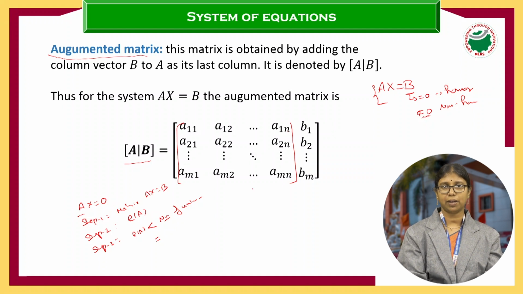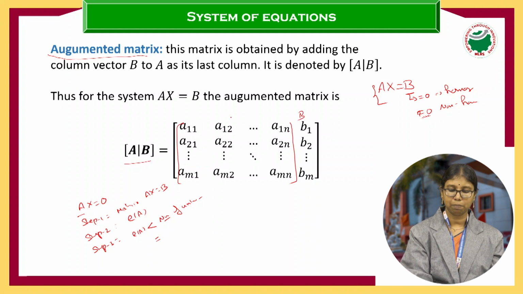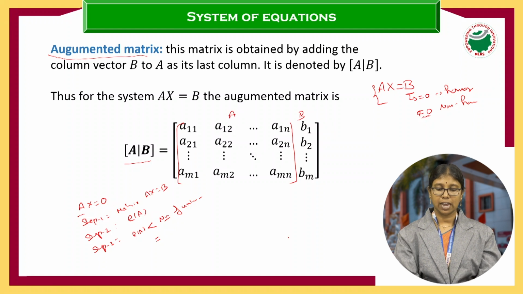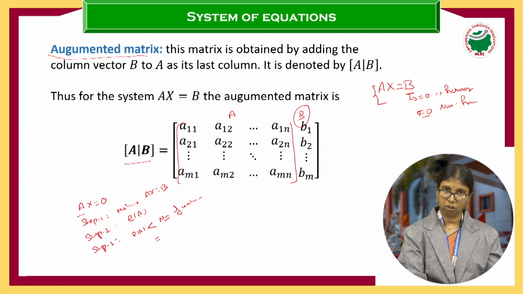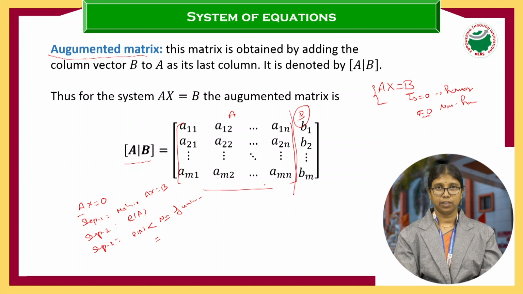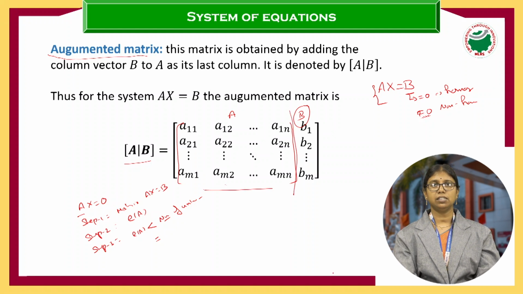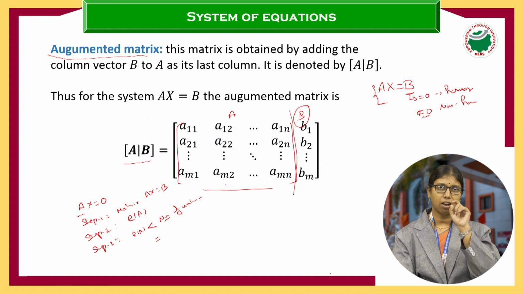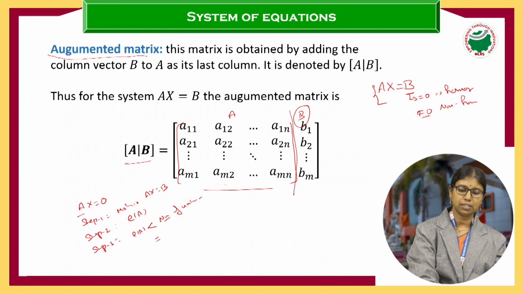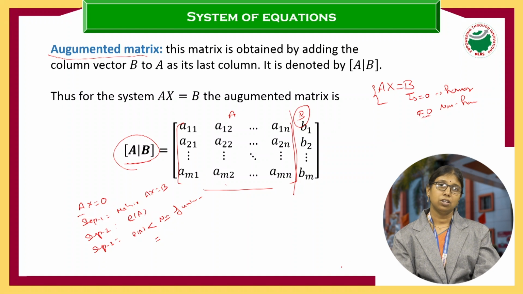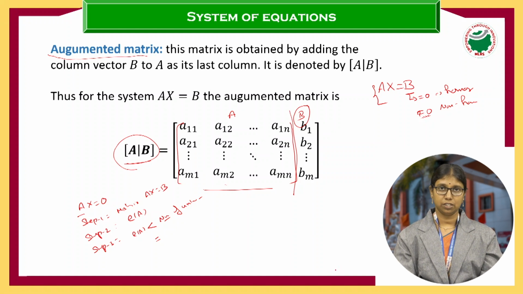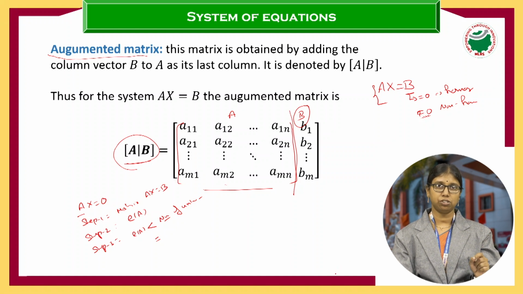And this one is your matrix B. So I just added this column vector B as the last column of the matrix A. This type of matrix is called the augmented matrix and is represented as A given B. So to solve the non-homogeneous equations, you must take the augmented matrix A given B.